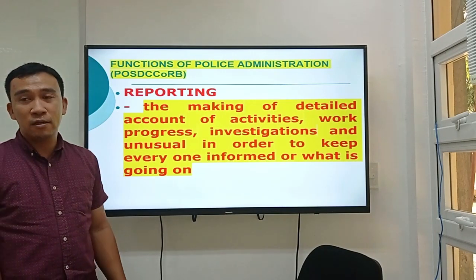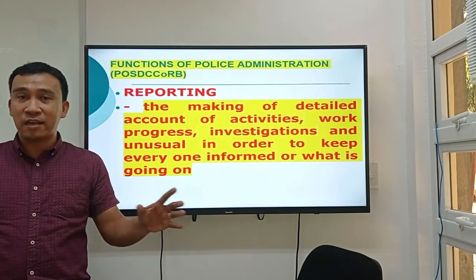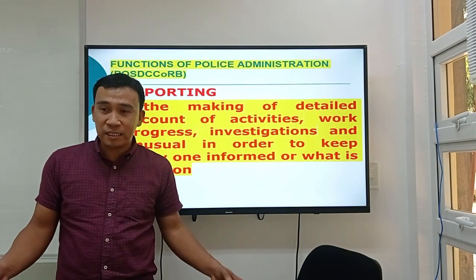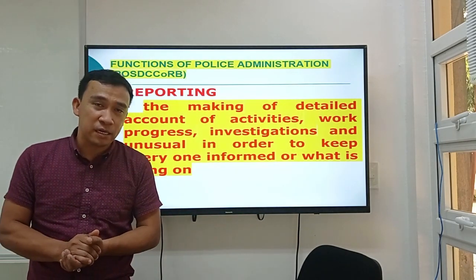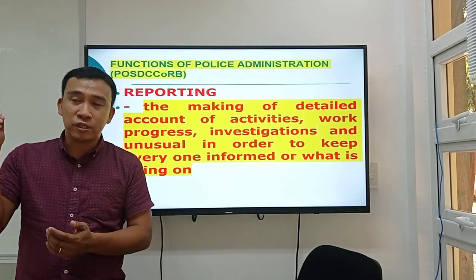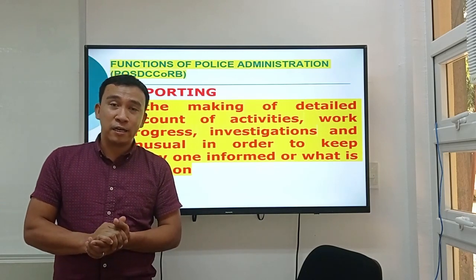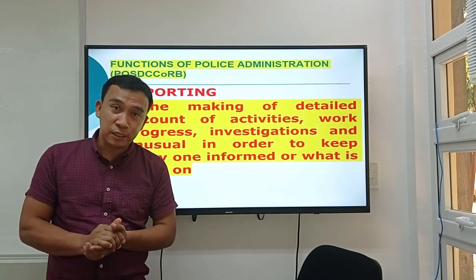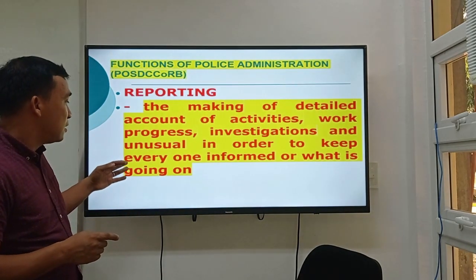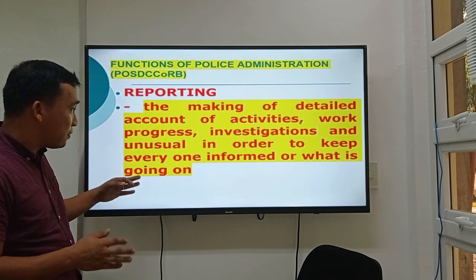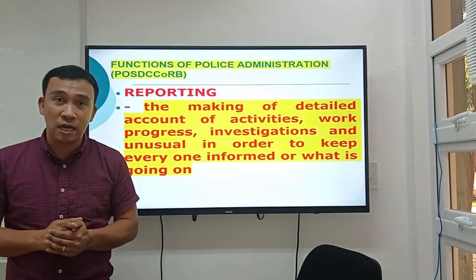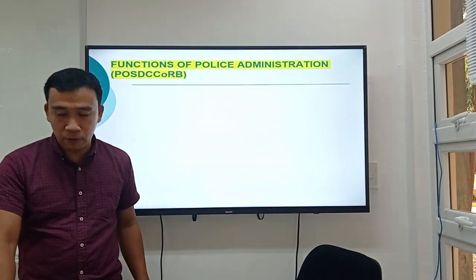So reporting, dapat i-centralize lahat na nangyayari sa mga istasyon sa buong province ay nire-report yan sa province. And then from province to region, from region to central headquarters ng police organization. That is reporting. Why? Dahil yan ay mahalaga para every now and then ay nai-inform ang lahat ng members ng kapulisan. Okay? Ang tawag dyan is reporting.